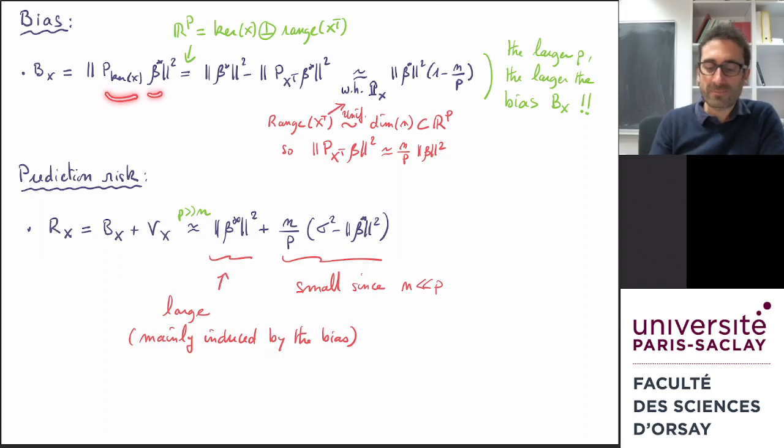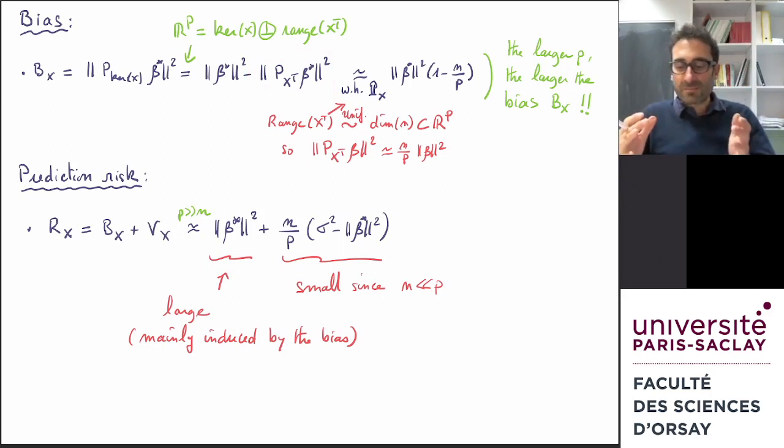So I use again this decomposition to say that this projection is equal to the identity minus the projection on the range of x transpose. And by using Pythagoras, this square norm is equal to the square norm of beta star minus the square norm of beta star projected on the range of x transpose. So this does not depend on the design, and the question is, how does it behave?